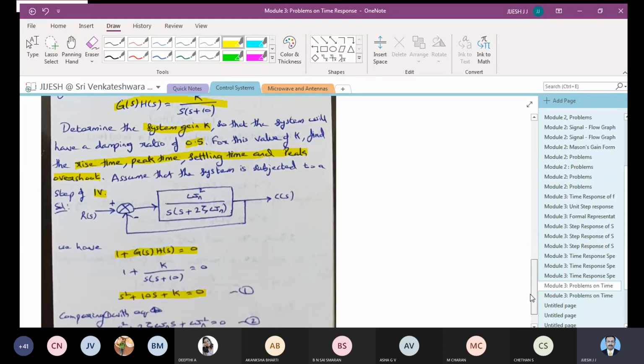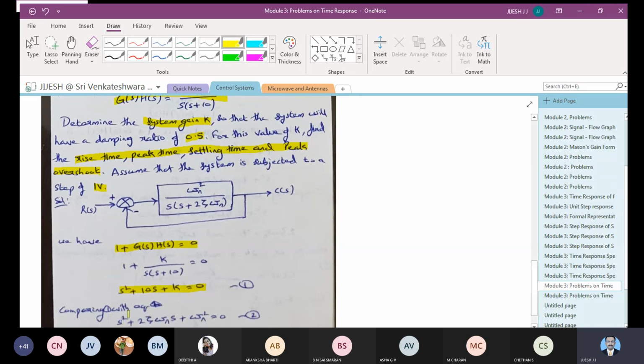You know that the characteristic equation is s square plus 2 zeta omega n s plus omega n square is equal to 0. So you can understand that 10 is equal to 2 zeta omega n, and omega n square will be equal to k. So omega n will be root k. So till there you got it. You should know that the damping ratio is given for you as 0.5. So try to correlate and come out with a value for k. I want to see who can give me the value for k.